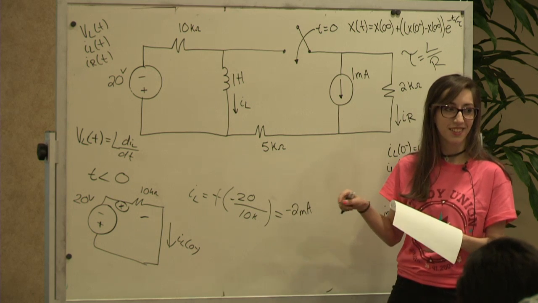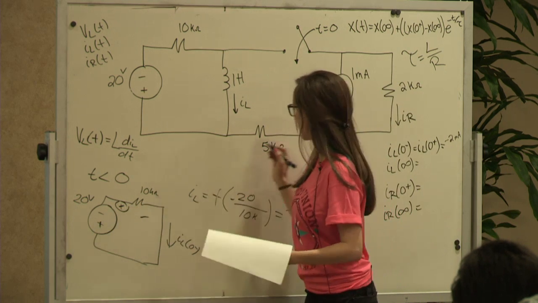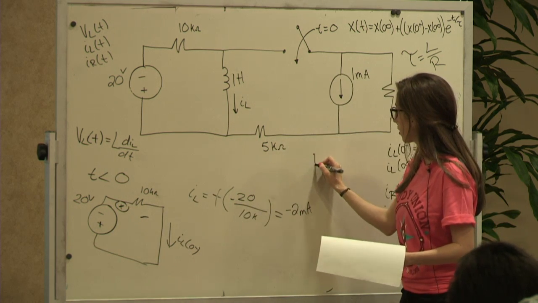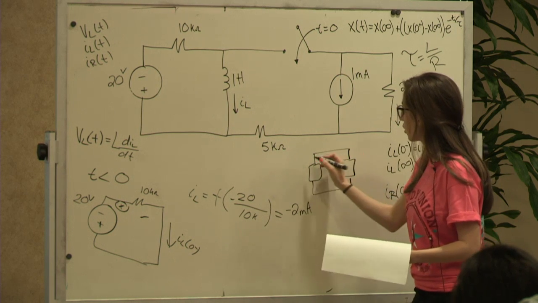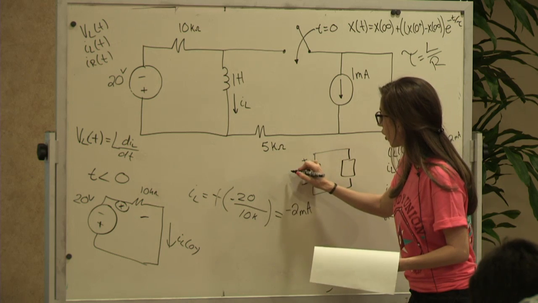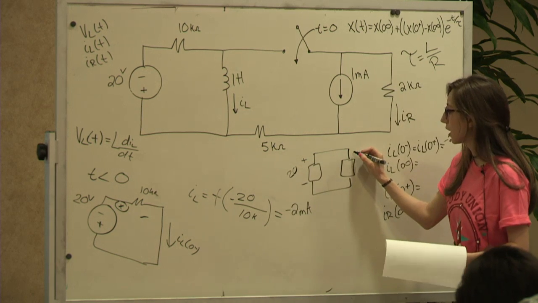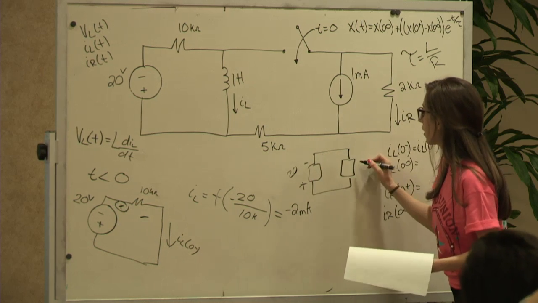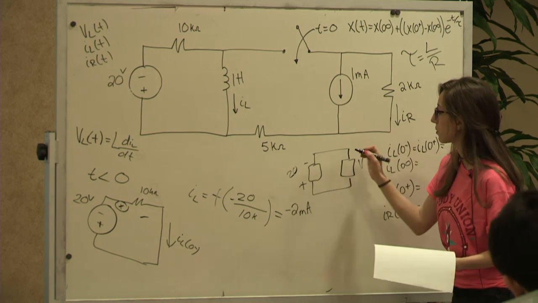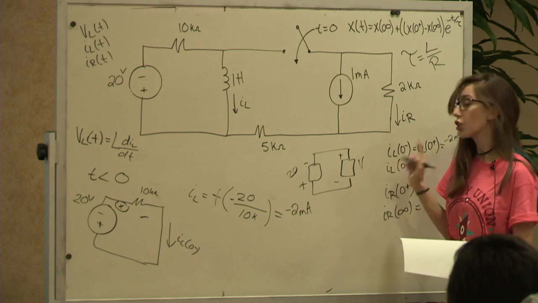It is? No, because, let me think. So plus minus, I'll call this 20. And then you're saying, sorry, this was minus plus, and you want it labeled plus minus, right? So let's do a KVL.